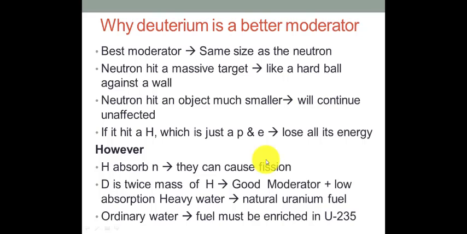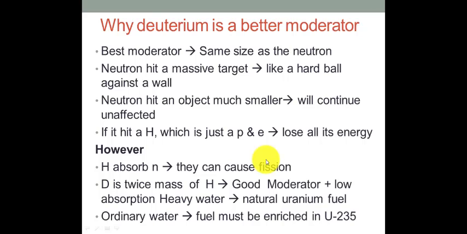So the availability of a larger number of neutrons will be facilitated. The deuterium isotope of hydrogen, at twice the mass of hydrogen, is almost as good at slowing down a neutron, but since it already has an extra neutron in the nucleus, it has a very low absorption cross section. So overall, deuterium is a far better moderator than hydrogen.